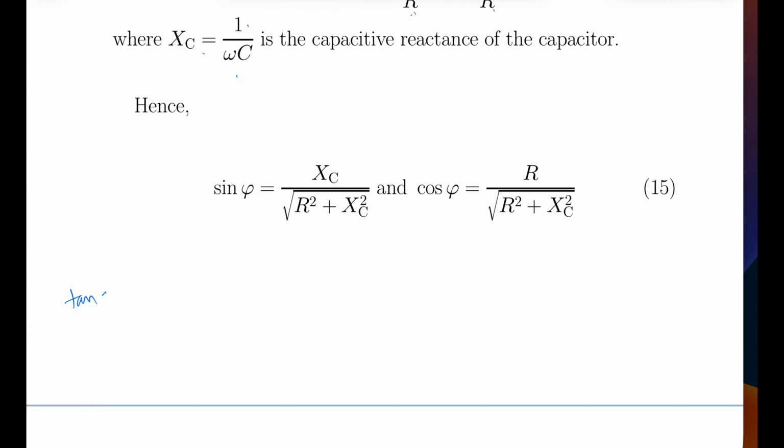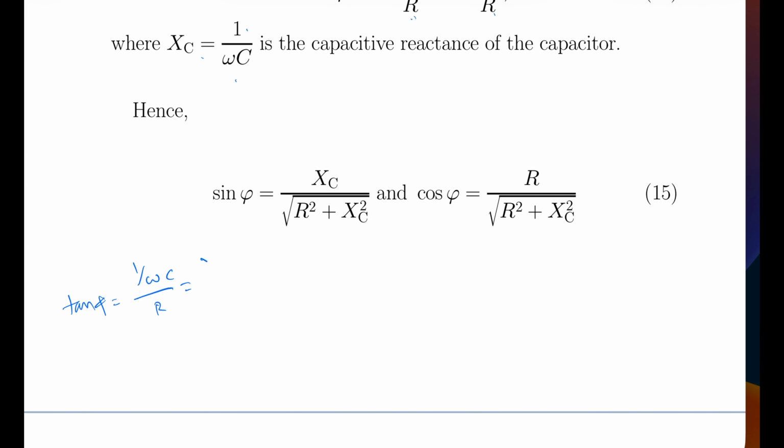Tan phi is 1 upon omega C upon R, so this is your XC upon R, and tan phi is p upon b, perpendicular upon base, and therefore the hypotenuse will be equal to square root of b square plus p square. Okay, so this is R square plus XC square.